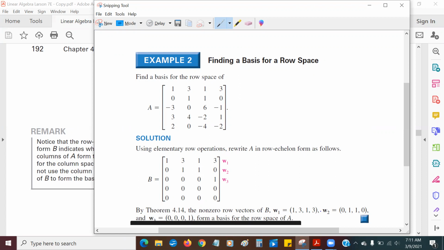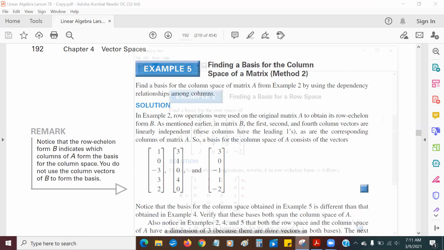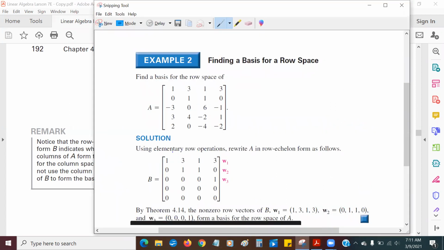But now we're going to use this to find the column space of the same matrix. Once we have it in this form, we can see very clearly that column 1, column 2, and column 4 are independent of each other. For example, column 1 and column 2 are not multiples of each other, so they're independent.